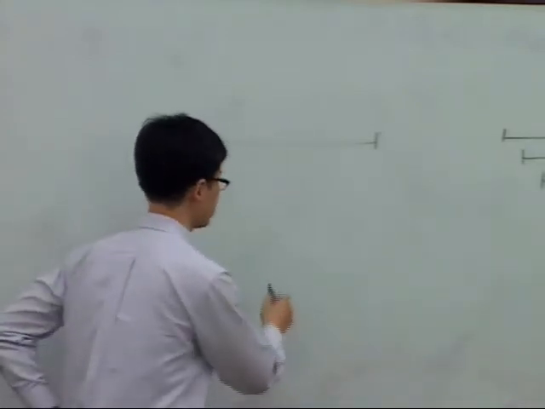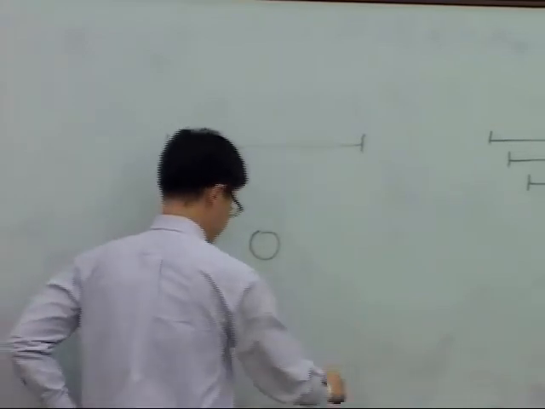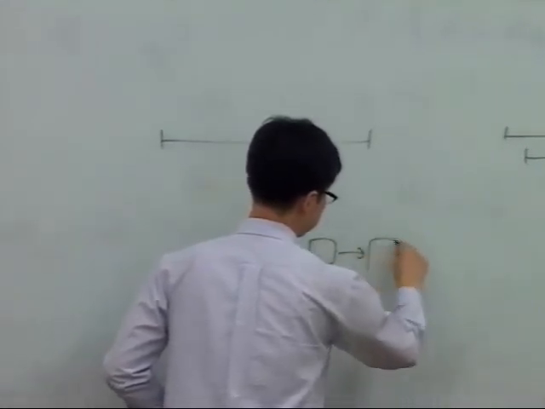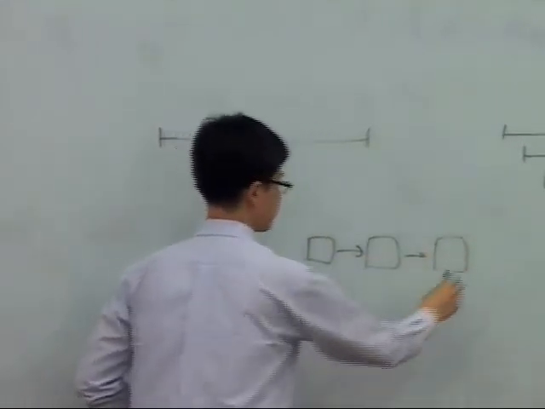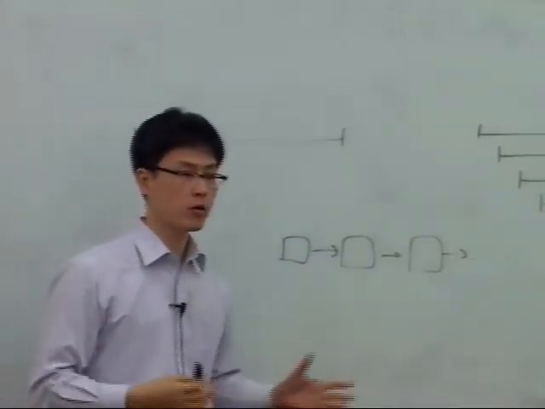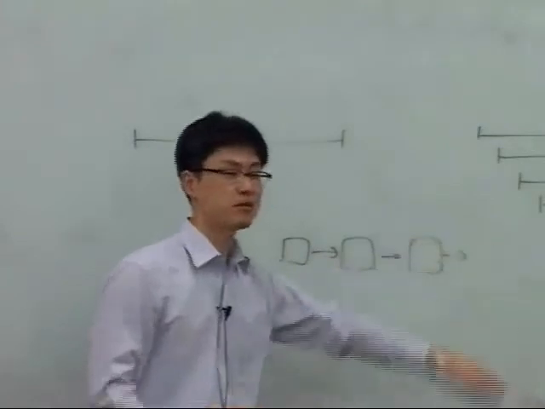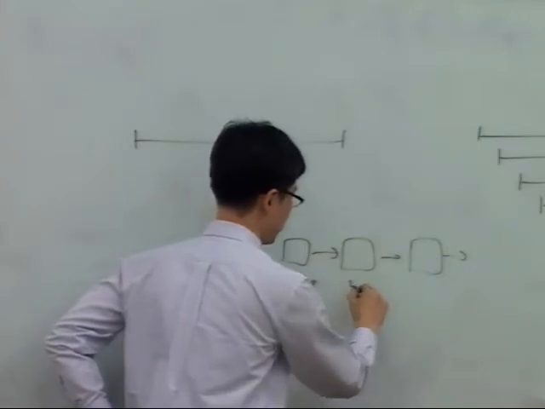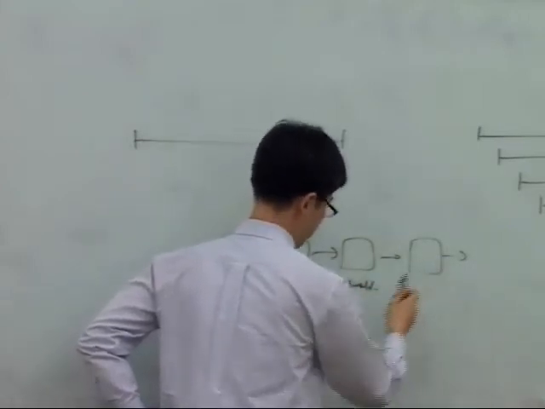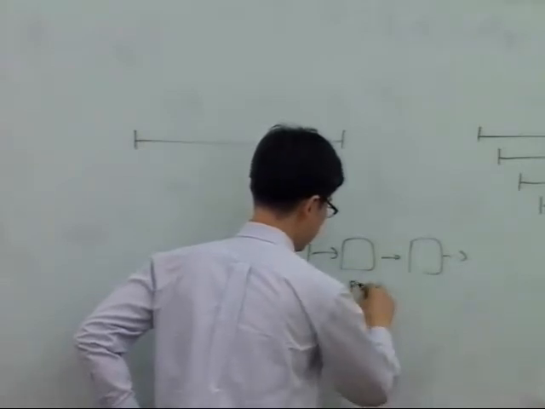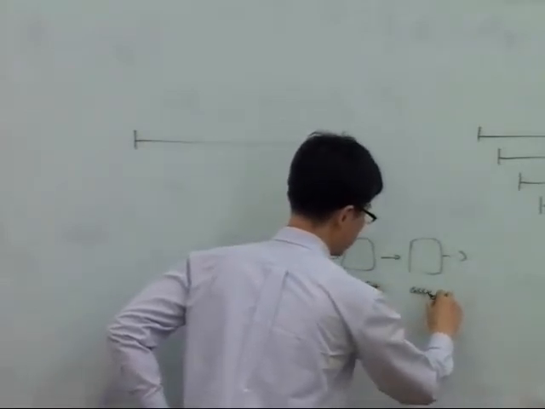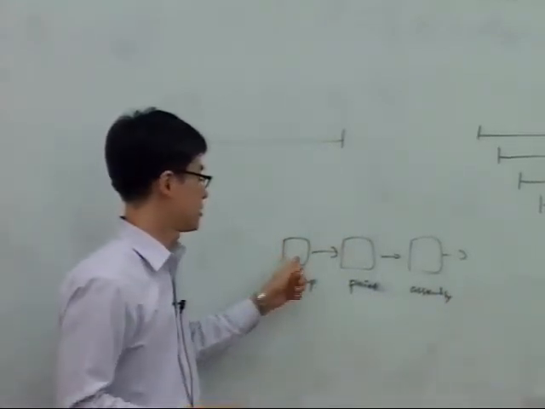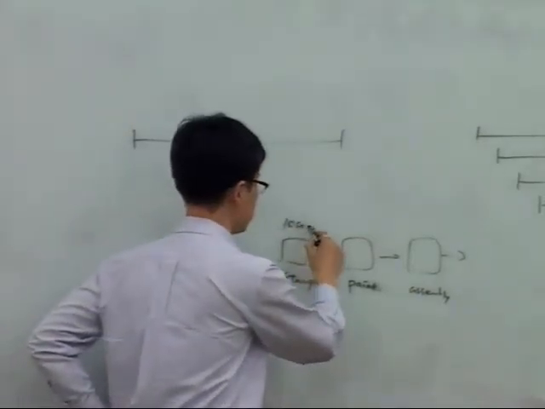Okay, one other example. Let's say an automobile is produced by stamping, welding, painting, assembly. Okay? Let's say this cycle time is 10 seconds.